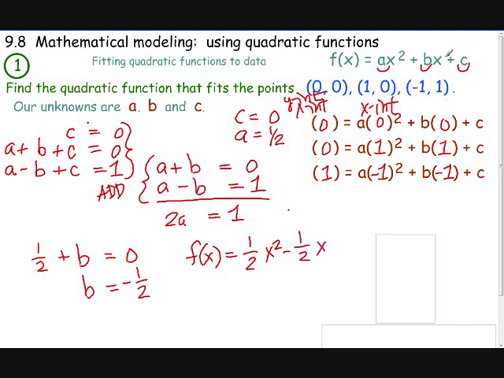And then what's my constant? Easiest thing of all, 0. I'm not going to write that. There. Mathematical modeling. Fitting a quadratic function using 3 points. It's a very advanced activity.